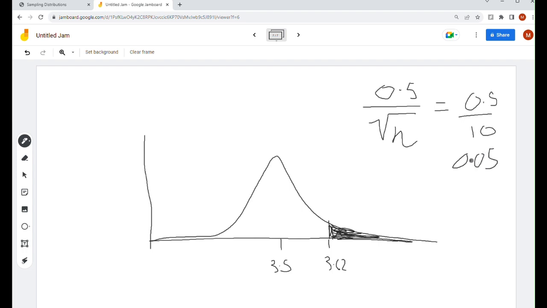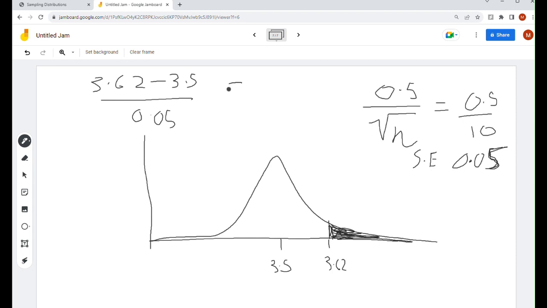So 0.05 is our standard deviation for the sampling distribution, or standard error, right? Now, to calculate how many standard deviations we're away, we're simply going to do 3.62 minus 3.5 divided by the standard deviation, 0.05.